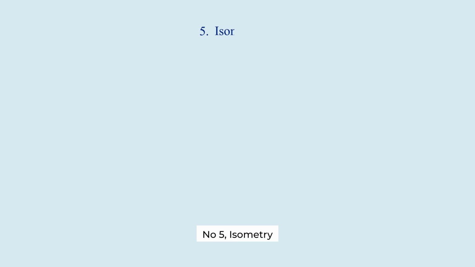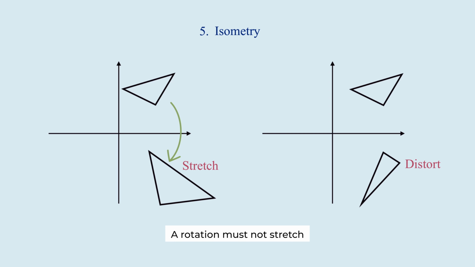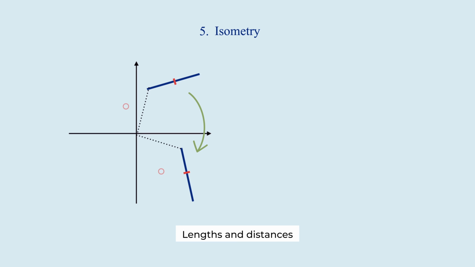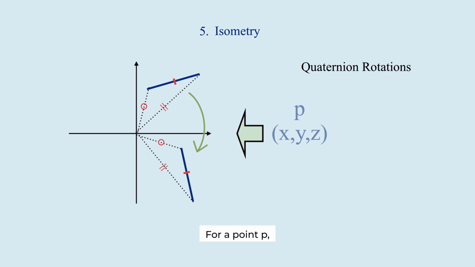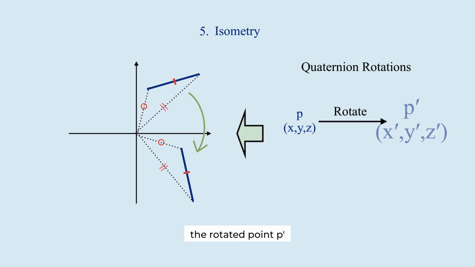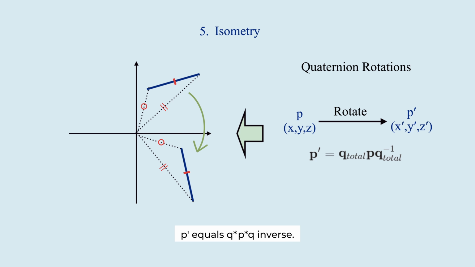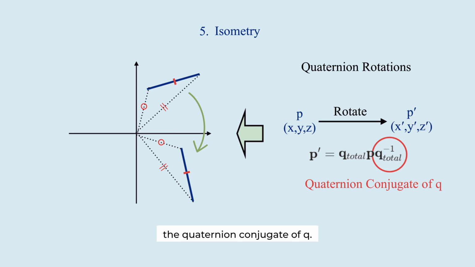Number 5. Isometry. A rotation must not stretch or distort an object. Lengths and distances must stay exactly the same. Quaternion rotations guarantee this. For a point P, the rotated point P' is defined as P' equals q times P times q inverse. q inverse is the quaternion conjugate of q.